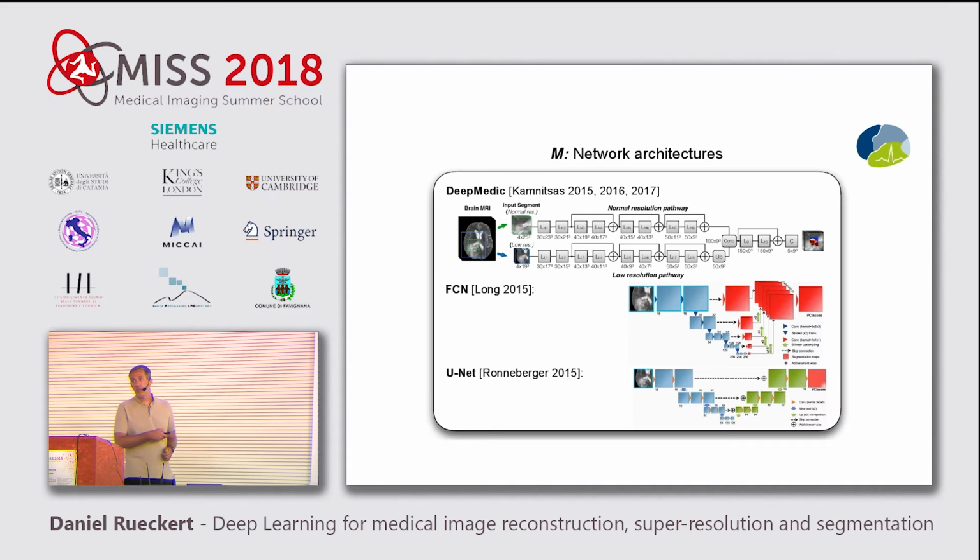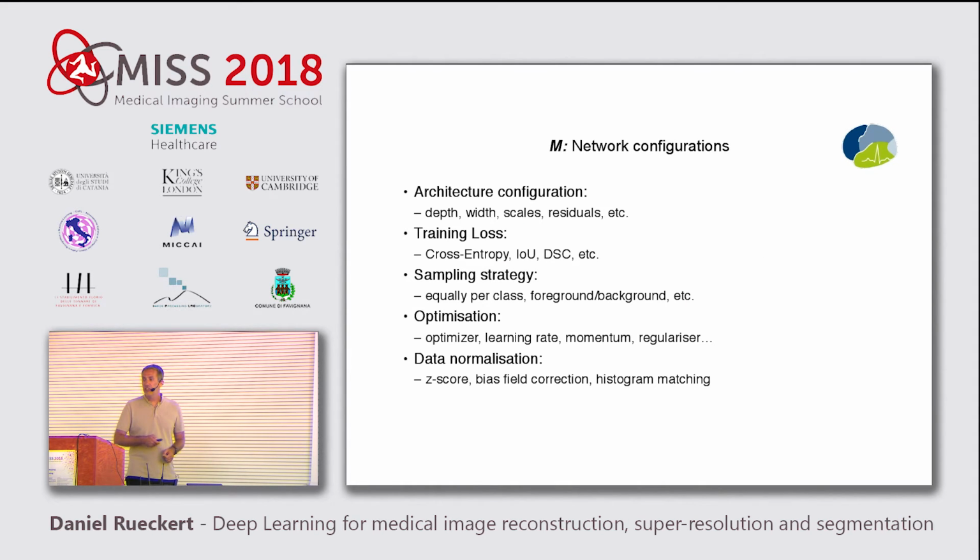For example, in terms of different network architectures, you might use DeepMedic, FCN, UNet. Plug them all together, you learn all of them. You can learn them with different depth, with different width, with different training loss functions, different sampling strategies, and so on. You plug this all together, you stir it all around, and then magically you can go to your next MICCAI challenge, and you can automatically win it without really putting any intelligence into it.